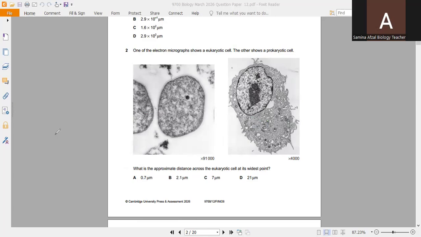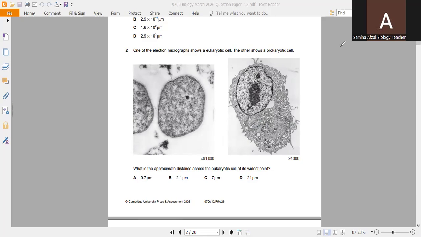Here we have to choose which one is the prokaryotic cell and which one is the eukaryotic cell.